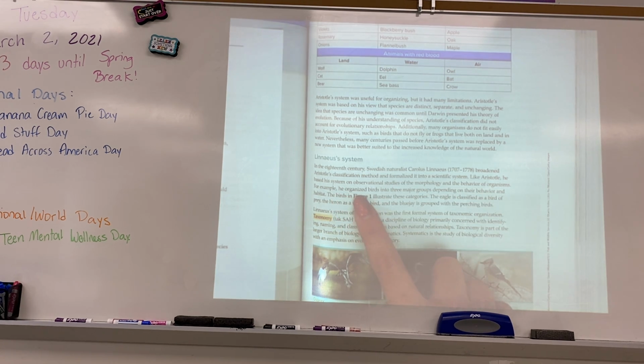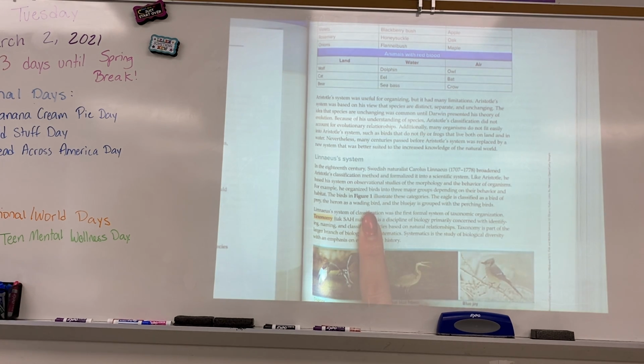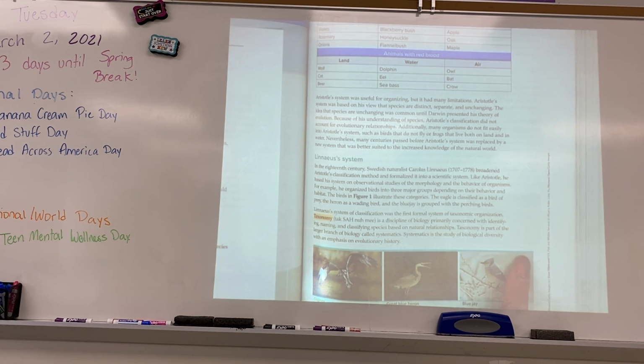For example, he organized birds into three major groups depending on their behavior and their habitat. The birds in Figure 1 illustrate these categories. The eagle is classified as a bird of prey, the heron as a wading bird, and the blue jay is grouped with the perching birds.